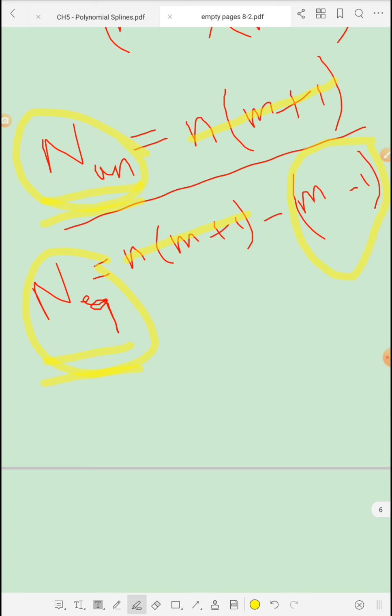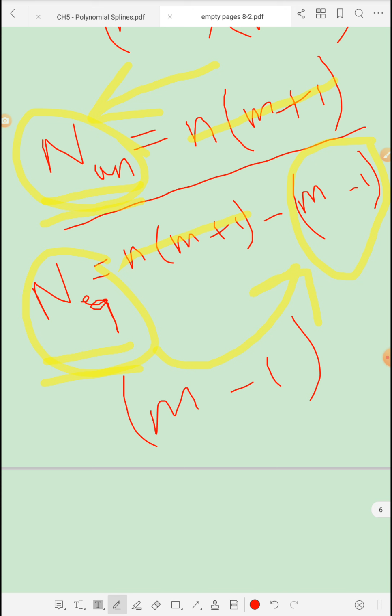So, the number of equations in the current situation is less than the number of unknowns by m minus 1. So, we have a deficiency in the number of equations. We have fewer equations than unknowns by m minus 1.